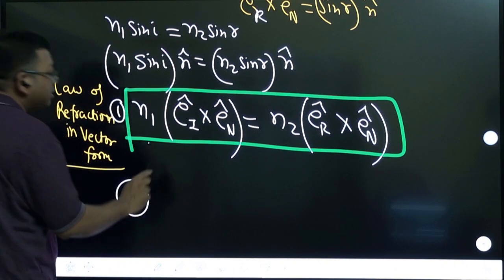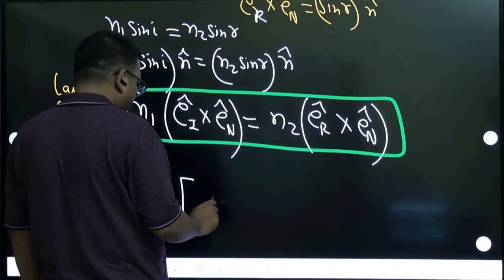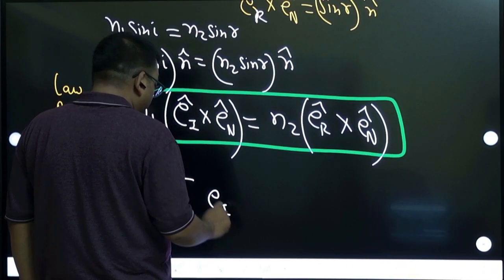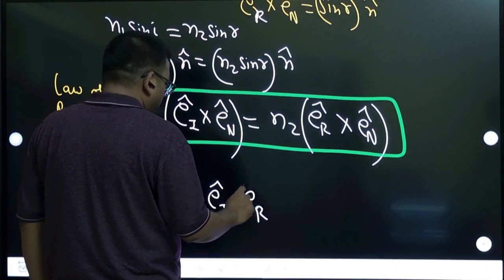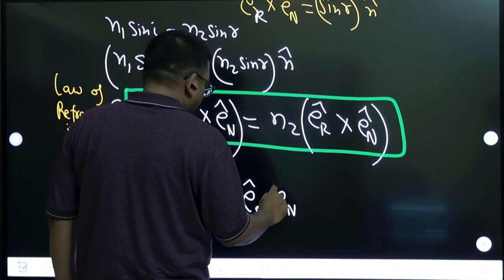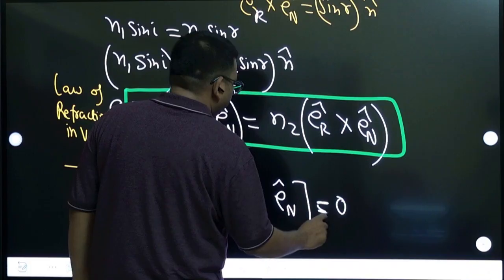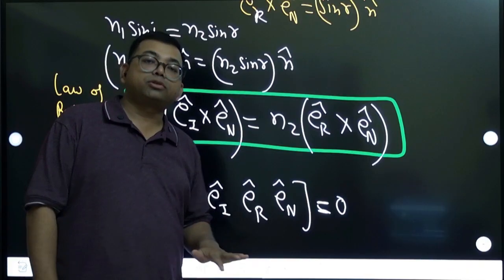Second form: all these lie in the same plane. That means the scalar triple product of ei, er, and en is going to be 0, because when three vectors are coplanar, A cross B dot C will give 0.